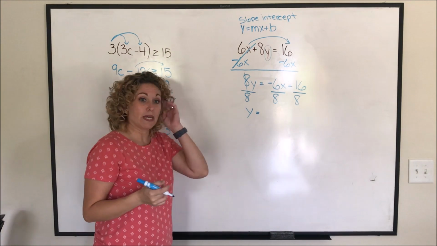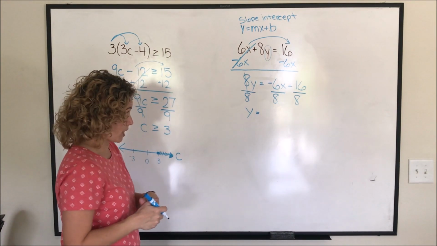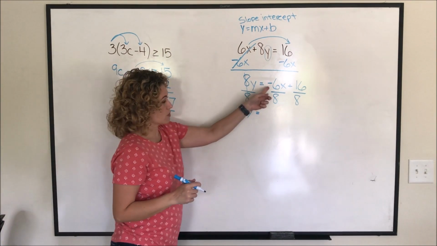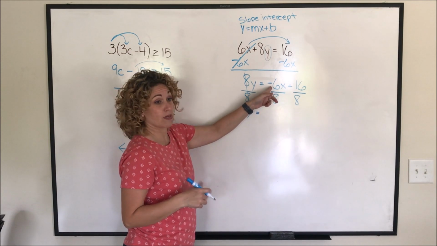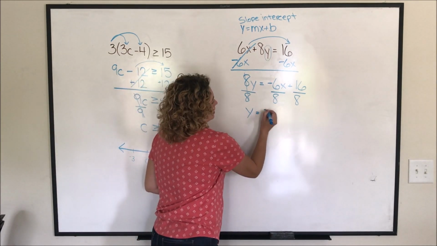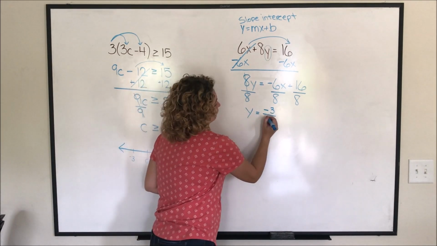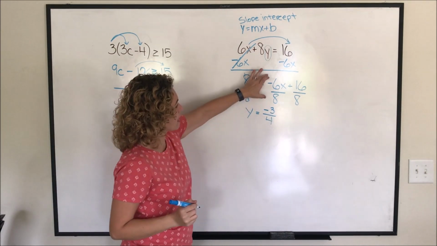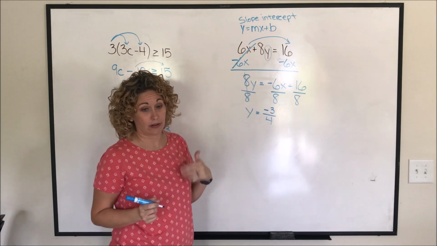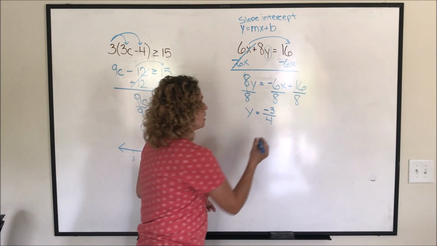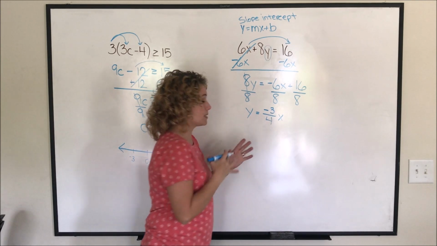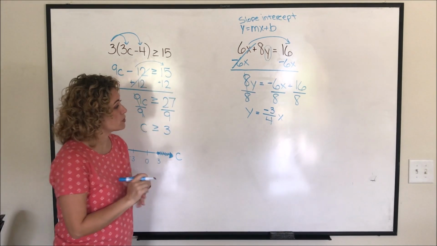But you should be at the point where you can reduce that fraction. There's a 2 in both of these numbers. So negative 6 divided by 2 is negative 3. And 8 divided by 2 is 4. So negative 6/8 is really negative 3/4 simplified. And the x. But I'm just going to put it beside. I'm going to move it over so that we can use it a little bit easier.